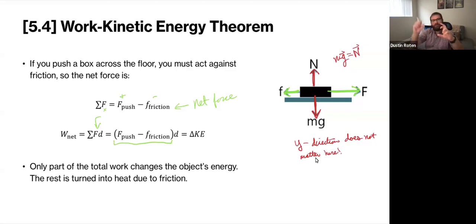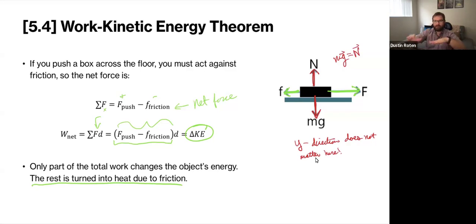We take the push, we subtract off the friction, and whatever is left over is the thing that's going to be doing the work and changing our velocity of this box. So only part of the total work changes the object's energy, because we're subtracting some out. The rest is due to friction, right?